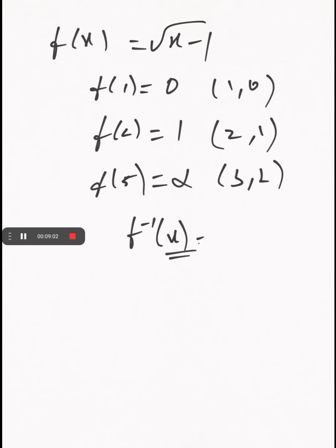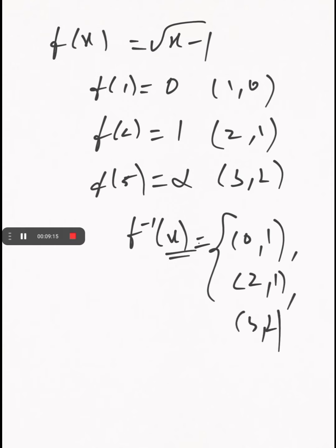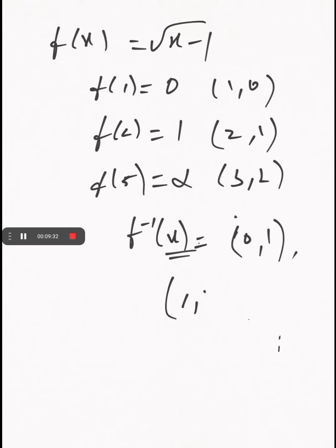We interchange the coordinates: 0, 1; 1, 2; 2, 3. This is the points of f inverse of x.